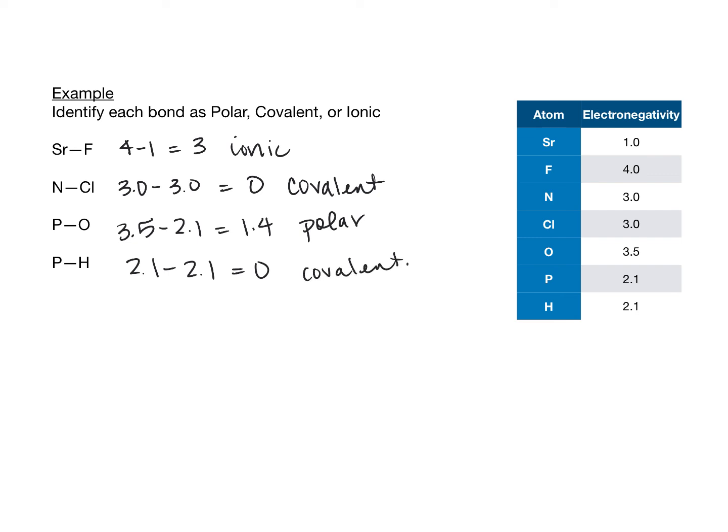Some other ones we could look at are a nitrogen-oxygen bond, where we have 3.5 minus 3.0, and that is polar, but probably just slightly, because we know that the line between covalent and polar is somewhere around 0.4 to 0.5. So we can look at all of these different things and see that there is a wide range of the degree at which polarity occurs.